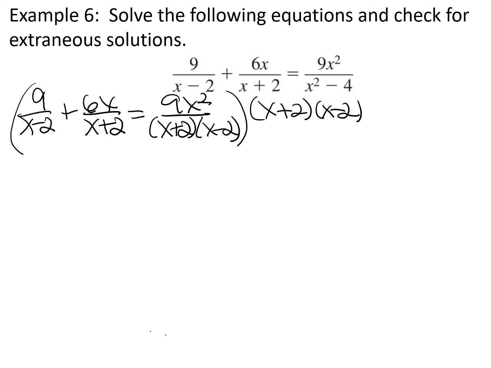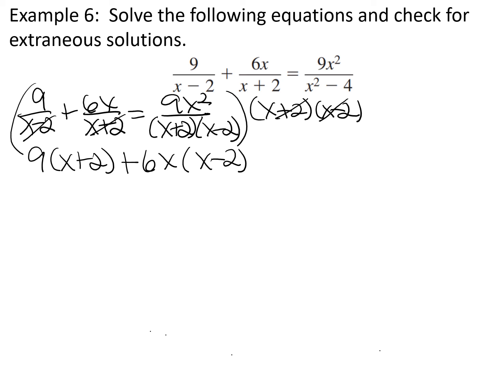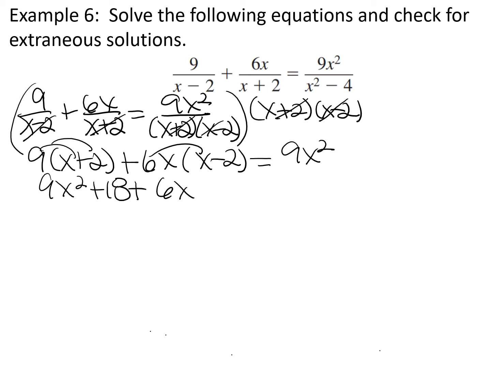So when I do, this and this will cancel out, but I'll be left with x times 9 times x plus 2. This and this will cancel, but I'll be left with 6x times x minus 2. And then on this side, I'll have both cancel. So I'll be left with 9x squared. So when I distribute, I'll get 9x squared plus 18 plus 6x squared minus 12x equals 9x squared.